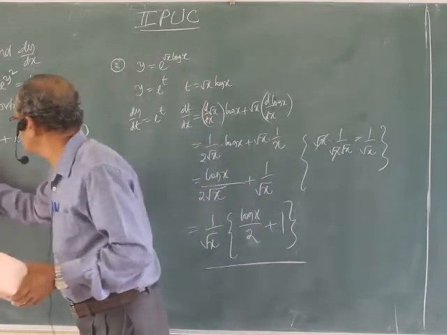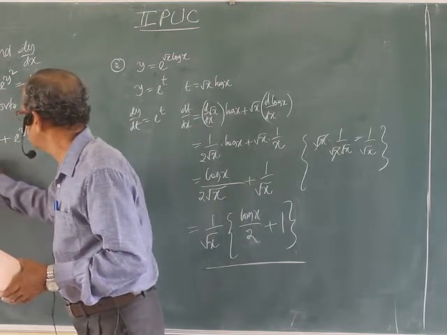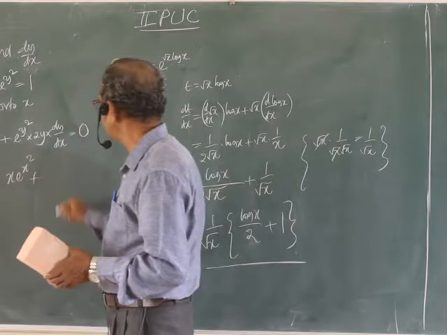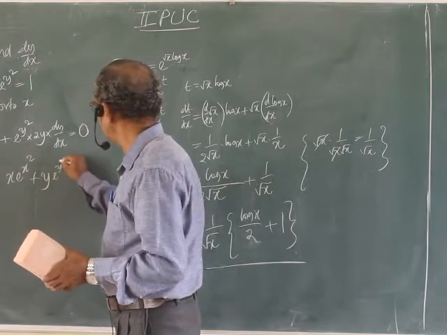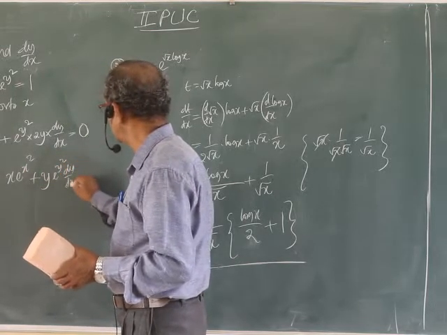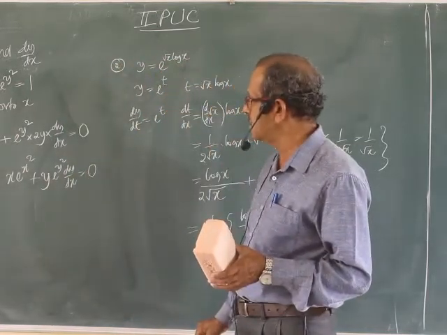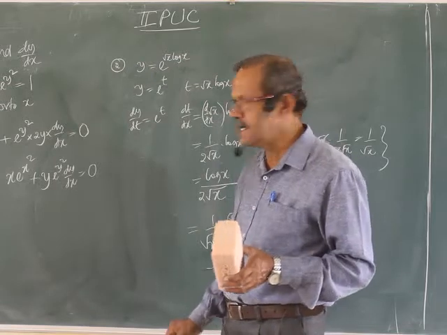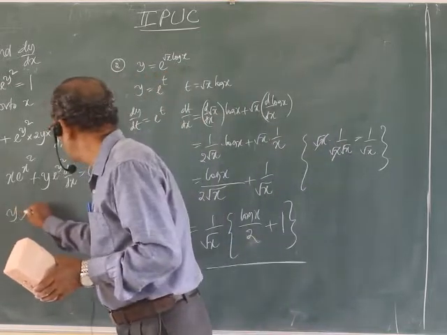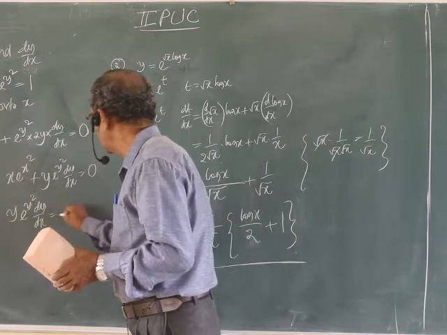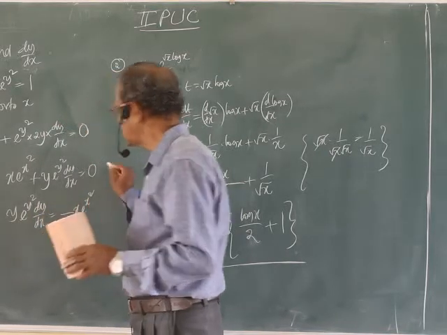Anyway, dividing throughout by 2, you get x e to the power x square, y e to the power y square dy by dx, right hand side 0. Y e to the power y square dy by dx equal to minus x e to the power x square.